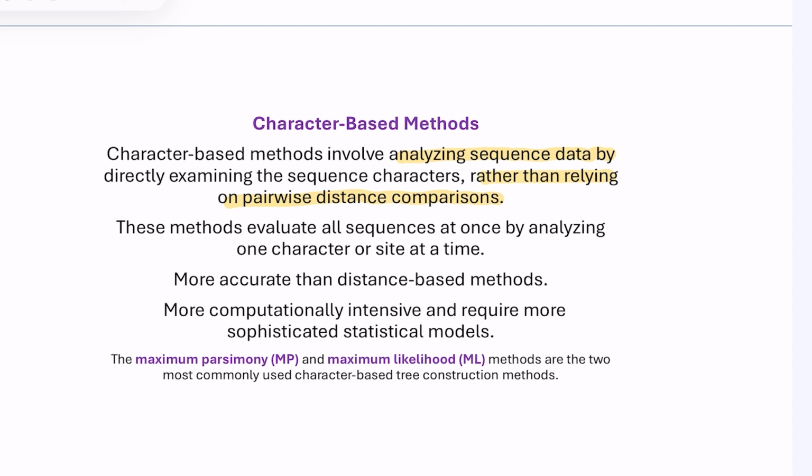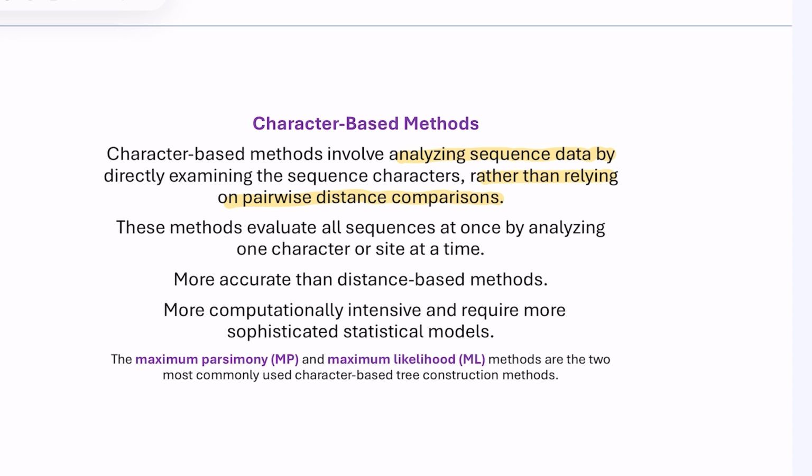It will not construct a distance matrix. It will include all the data of DNA or protein or any data provided to the software. So it will analyze every sequence one by one, and then it will make a phylogenetic tree on the basis of that one character, one nucleotide sequence.